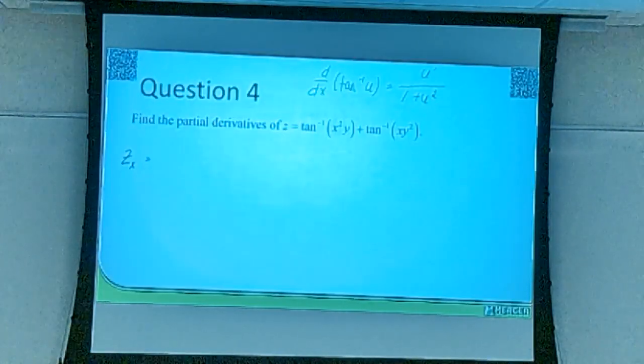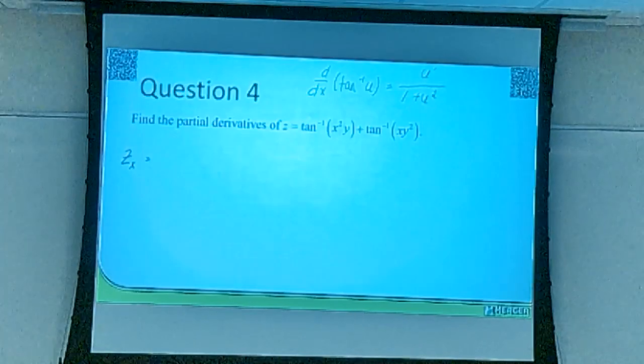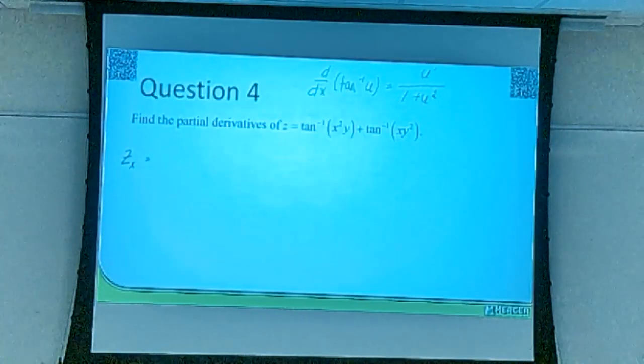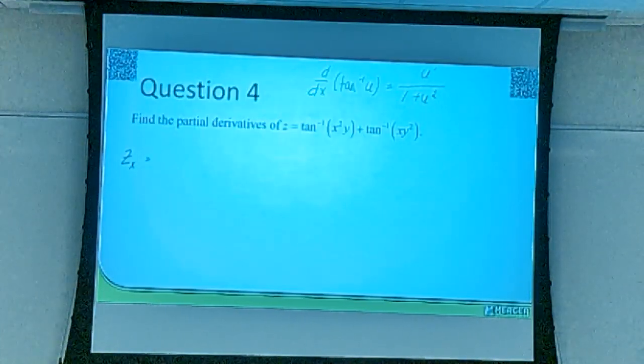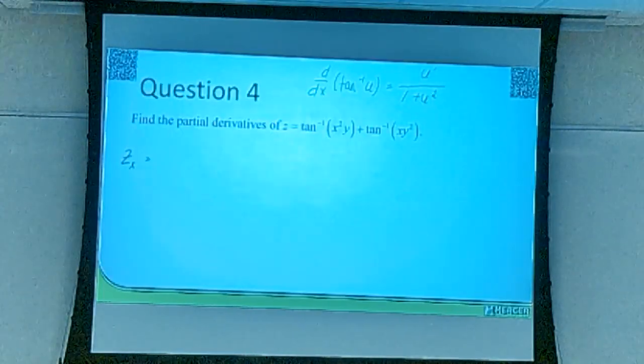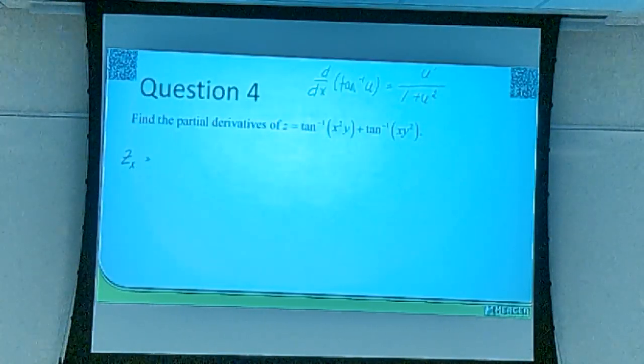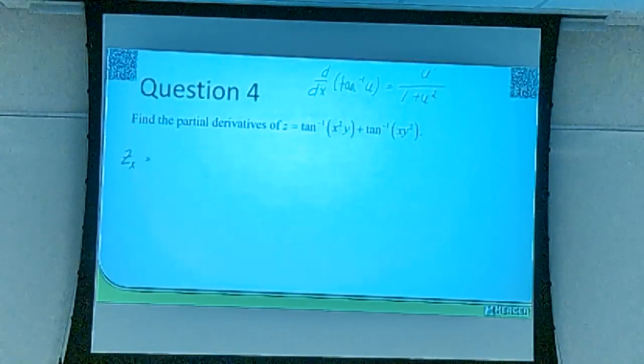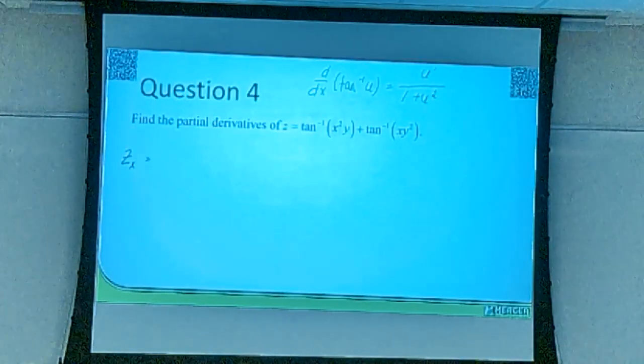Okay. What am I thinking of with secant then? Derivative of tangent is secant squared. But this is an inverse tangent. Alright, so partial with respect to x.